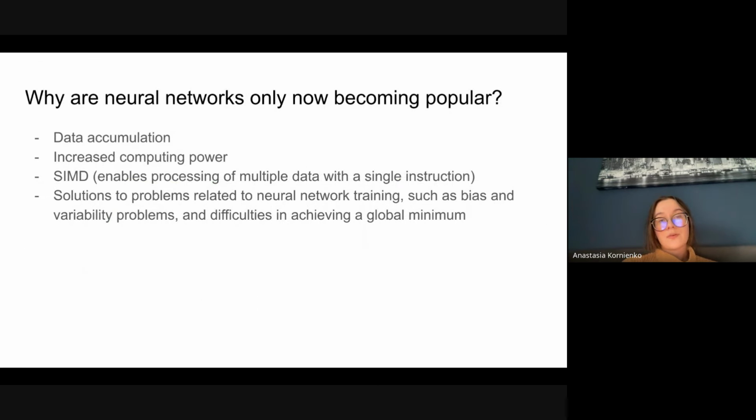So why are neural networks only now becoming popular? First of all, you might already know that the neural network concept was created in the previous century, the 20th century, but only now gives some results.